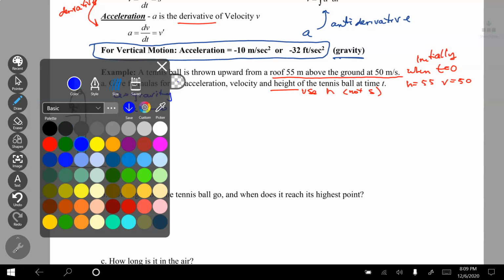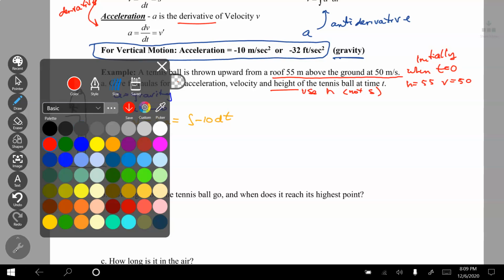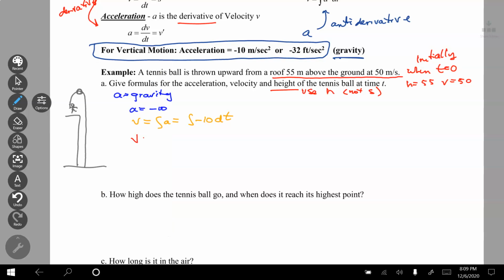If I want to find velocity, velocity is just the antiderivative of acceleration, or the antiderivative of negative 10 dt. My variable will be t for time. When I do all that, I get v is equal to negative 10t plus c.